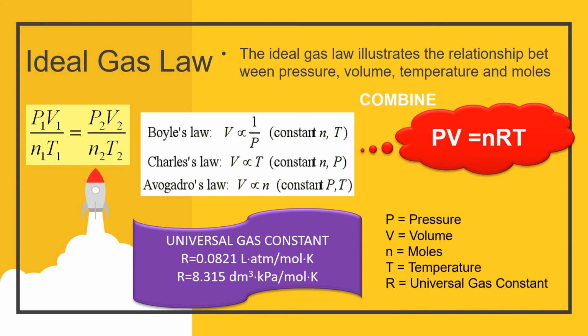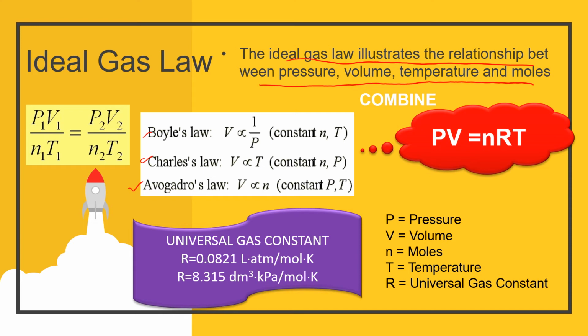Okay, next is the ideal gas law. So this is what we usually use. The ideal gas law illustrates the relationship between pressure, volume, temperature and moles. So from Boyle's, Charles's and Avogadro's laws, they combine together and produce PV is equal to nRT.